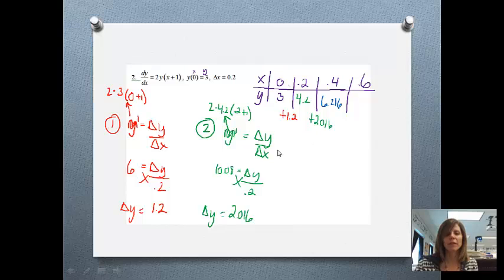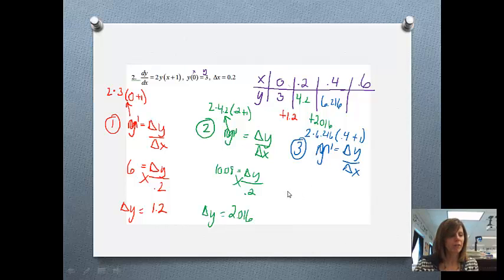So the next thing that I need to do is my third approximation. I am going to do, again, m is equal to delta y over delta x. My m is my y prime, so if I figure that out, it's going to be 2 times 6.216, and then my x value is 0.4 plus 1.